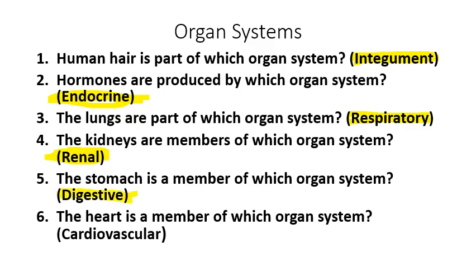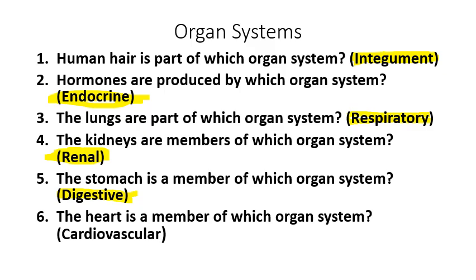I mentioned that the liver is sometimes connected to the digestive system, but the liver is actually a fascinating organ. It has many different functions, and so the liver is classified as being part of several different organ systems, but it does a lot of really interesting things. The word used to describe the liver or liver cells is hepato.